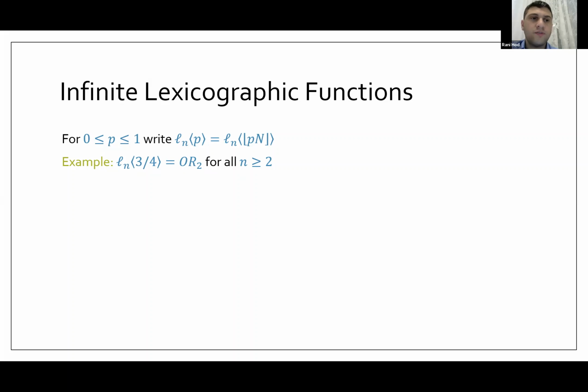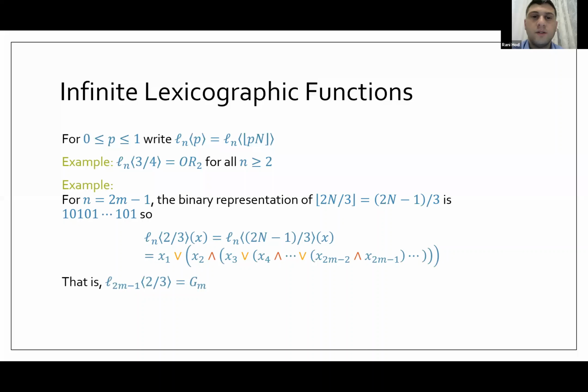So the lexicographic function that works for the ratio 3/4 would be or on 2 variables. And if I want more variables, I can just add them and have them with no influence on the function itself. So I can just have these ineffective variables hanging around, but not affecting the function.